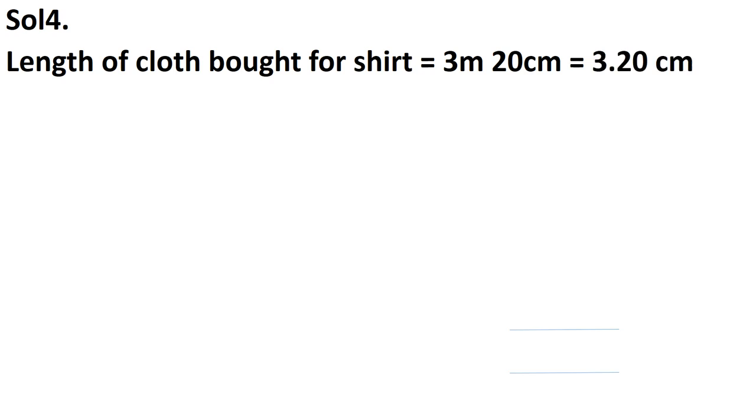Length of cloth bought for shirt. How much? It is 3 meter 20 centimeter. See beta, this is the chapter of decimal. So we have to convert it into decimal. Okay, it is 3.20 centimeter.